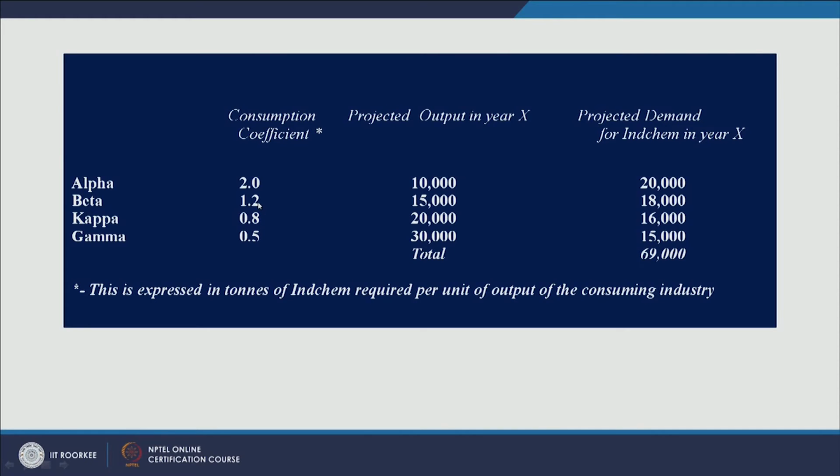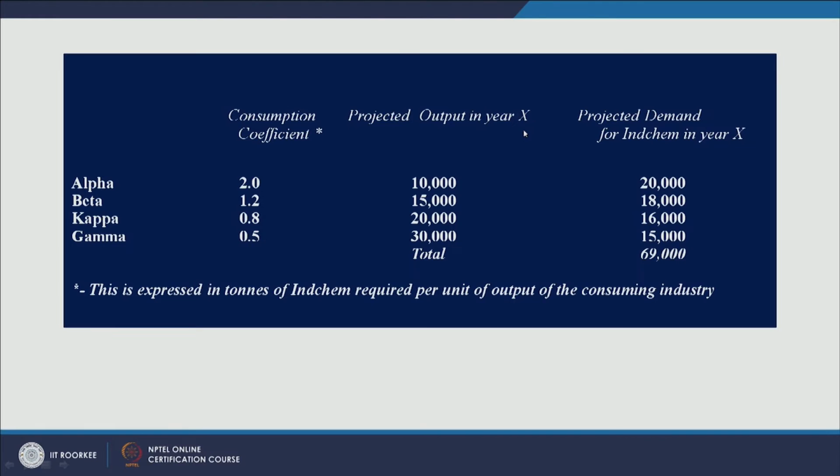So, this is your consumption coefficient. For alpha it is 2, for beta 1.2, kappa 1.8, for gamma 0.5. Projected output in the year X, so this is your projected output. This is your end product, and Inchem is your intermediate product.